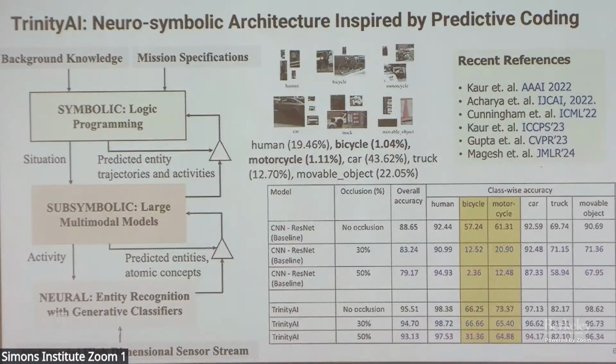The second layer is a sub-symbolic layer, mainly because the model itself is not symbolic, but it takes input and output which happen to be symbolic. That's currently implemented using these foundation models. And then finally, we have the logic programming layer, which is implemented using answer set programming right now, which is purely symbolic. And then you will see that you have top-down and bottom-up connections going up and down between them.